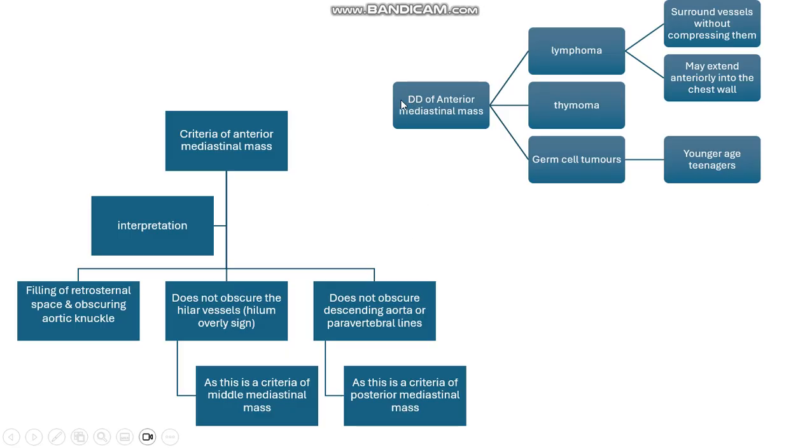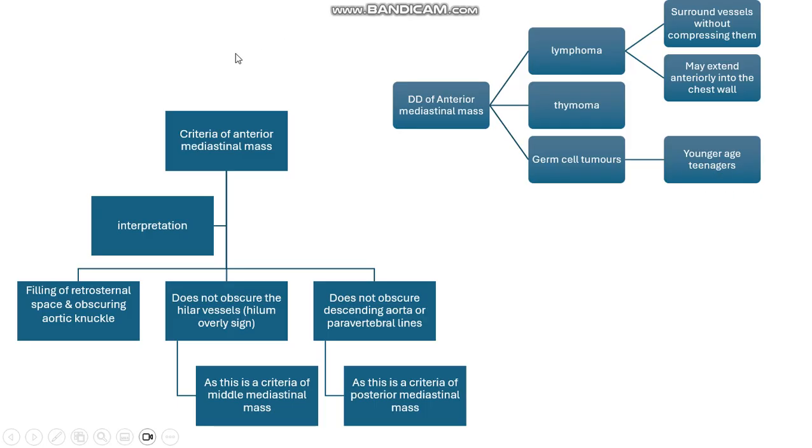What is the differential diagnosis of the anterior mediastinal masses? Lymphoma, thymoma, germ cell tumors. Lymphoma and the thymoma tend to affect the adult, however, germ cell tumors tend to affect the younger age, like teenagers or adolescents.